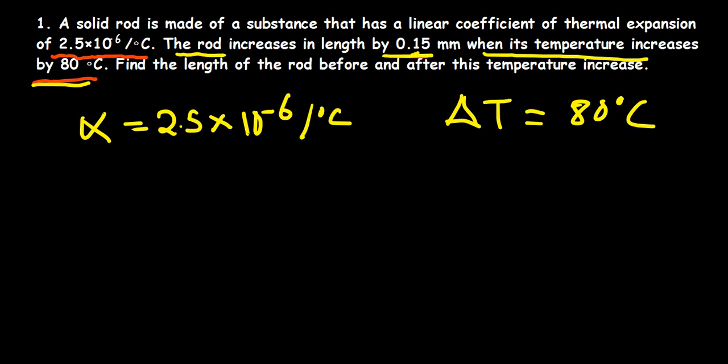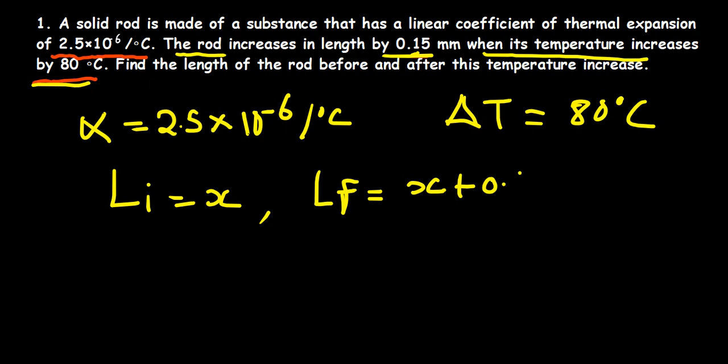If my initial length is x, and the rod has increased by 0.15, then my final length will be x plus 0.15.